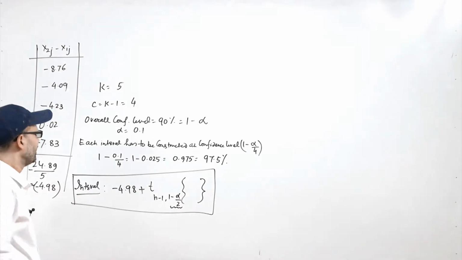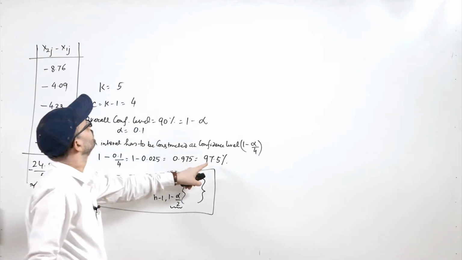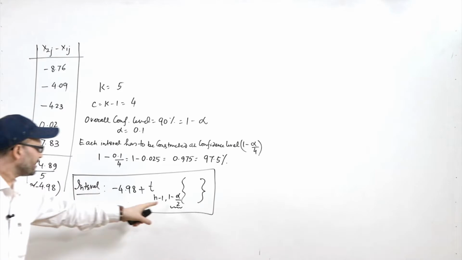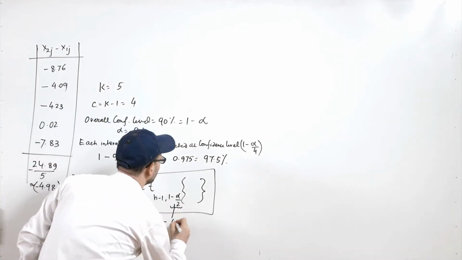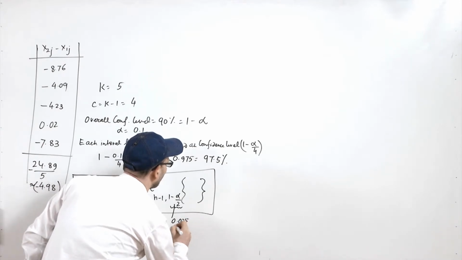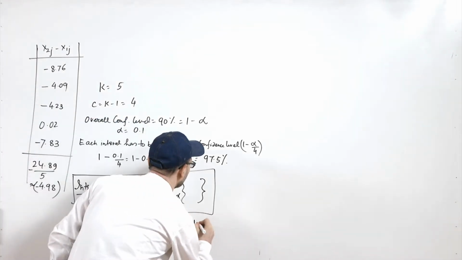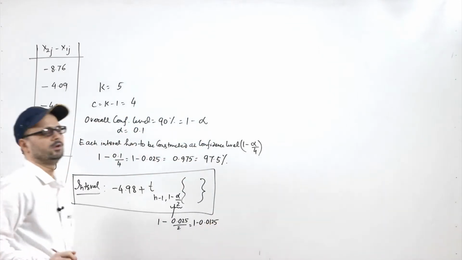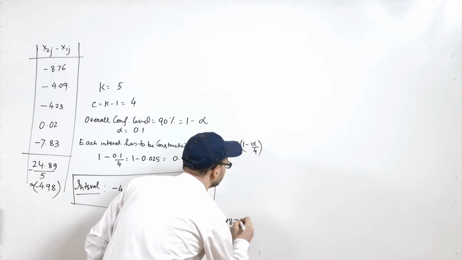In that case the alpha becomes 0.025. So, 1 minus alpha by 2 will be basically 1 minus 0.025 upon 2. So, it will be 1 minus 0.0125. So, it will be 98.75%.